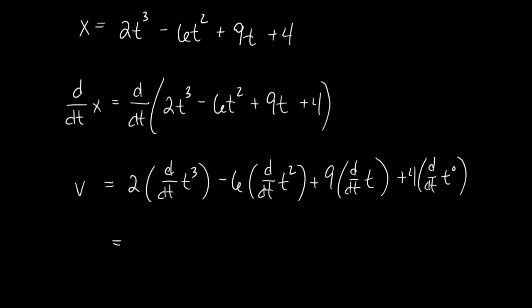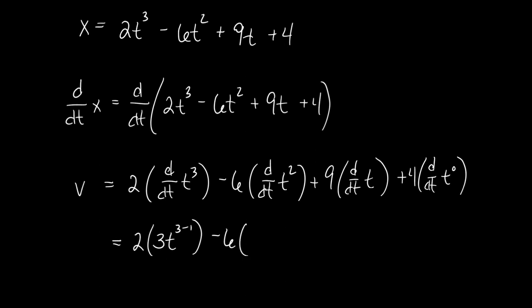Now, your next step is to use the polynomial method to find each term's derivative. It says to take the exponent and bring it down front, and then subtract 1 from the exponent. So the differential symbol leaves, and I have the result using the polynomial function.